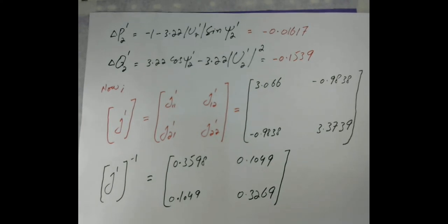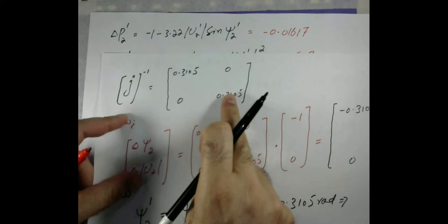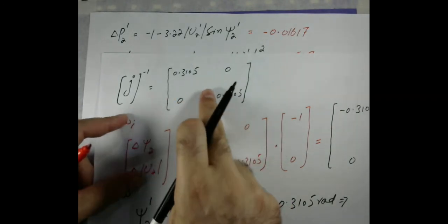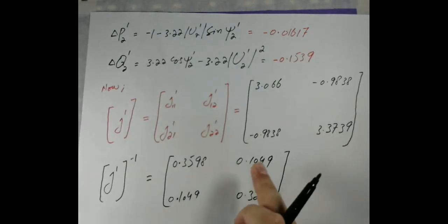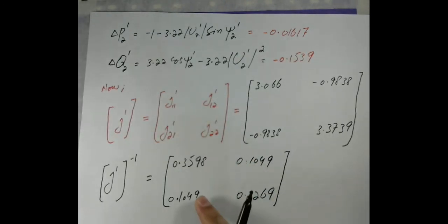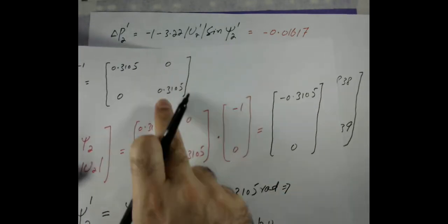If you remember, the previous one had two entries 0, and these were the inverse of the Jacobian matrix based on the initial guess. But now, based on the updated values of the voltage and the angle, there are no more 0 elements, and all the values are different compared to the previous case.